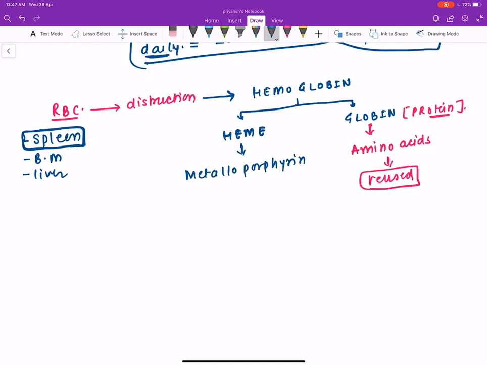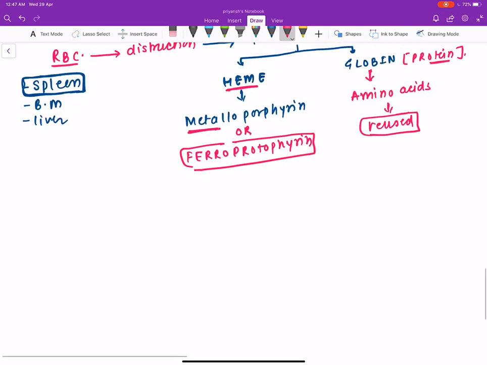Because we have discussed heme in detail, I have told you that instead of metalloporphyrin we can use a better term: instead of metal we can write which metal is there. It is iron, so I can say it is ferro. The porphyrin is protoporphyrin, so heme is a ferro protoporphyrin.